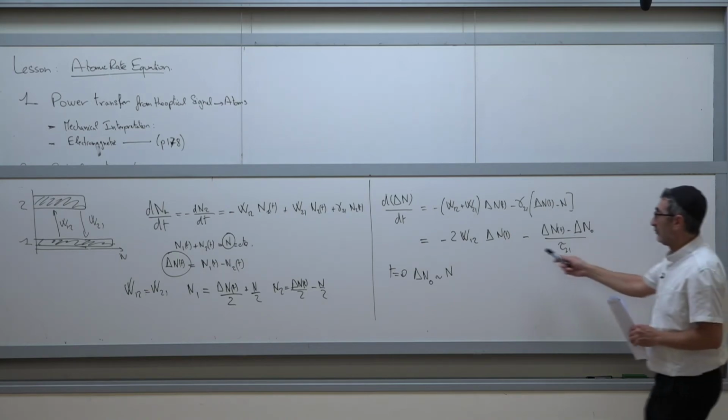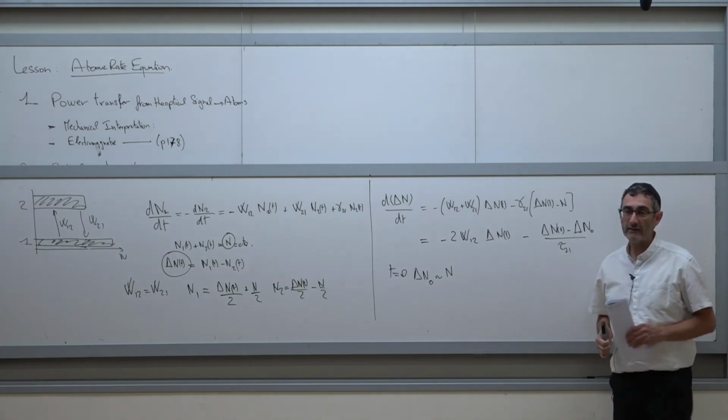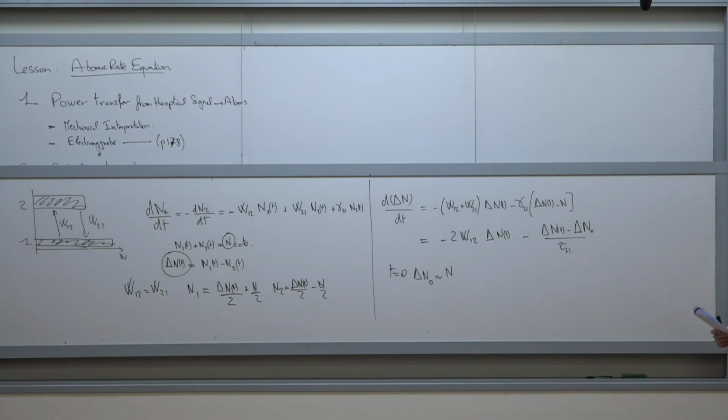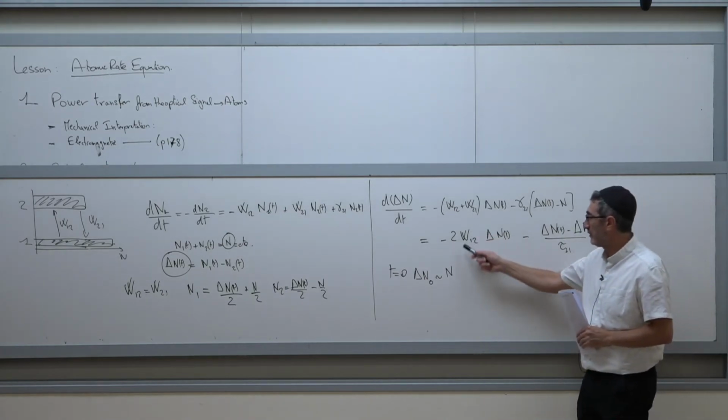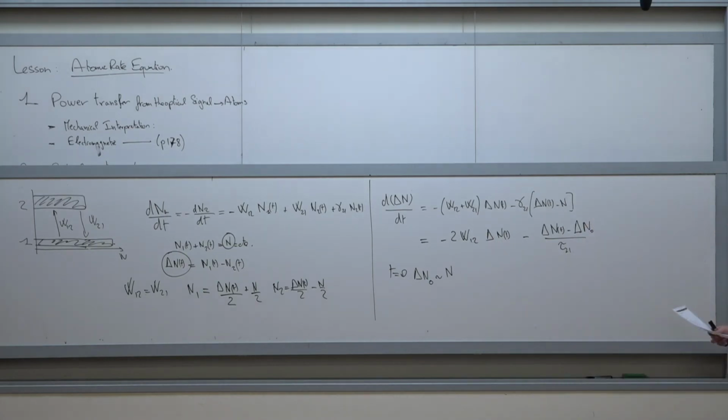This is the case where you don't have any external field. If you have an external field, the system will decay because it cannot stay in this unstable situation where n2 is larger than n1. It will go down to a situation where n1 and n2 are equal. That's the best that you can accomplish if you excite the system externally.